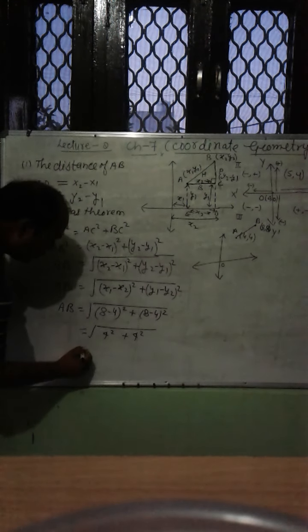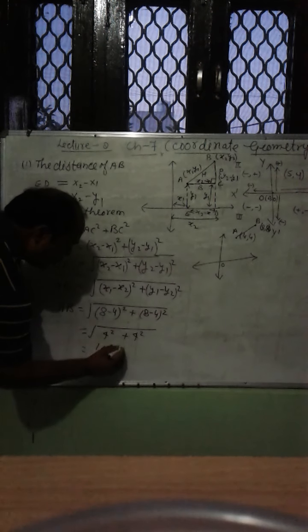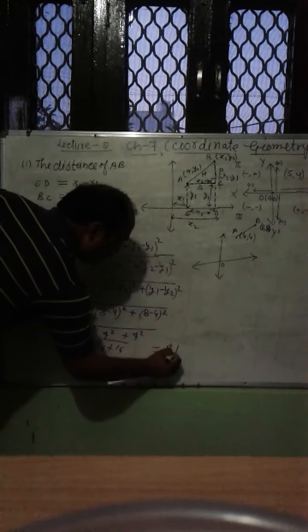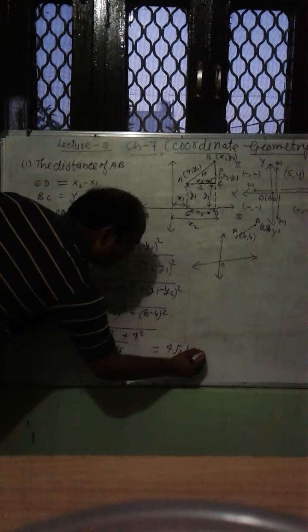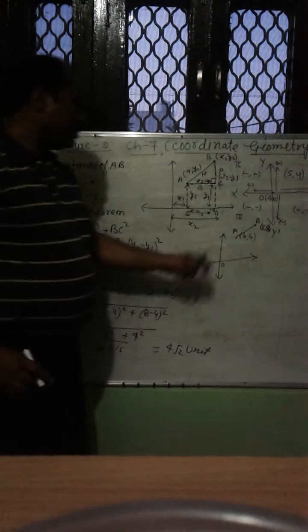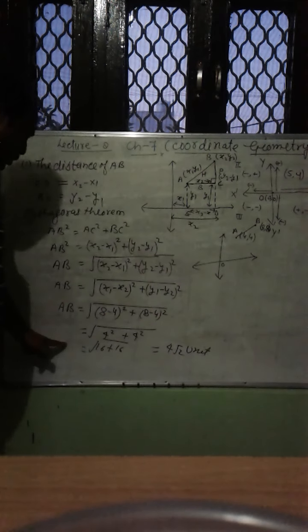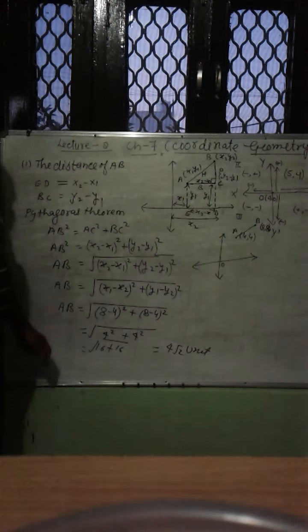Then this equals root of 16 plus 16, which equals 4 root 2 units. It means the distance of AB is 4 root 2 units.